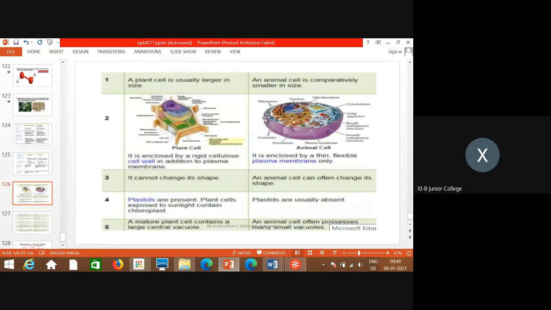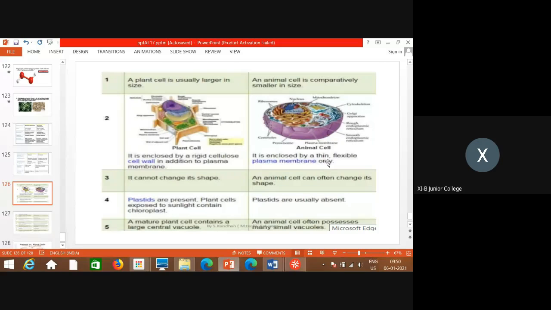These are the structures which we have learned already. In case of a plant cell, it is enclosed by a rigid cellulose cell wall in addition to the plasma membrane. Plant cells show the presence of a rigid cell wall, generally made up of cellulose, whereas animal cells lack this cell wall, and the outermost layer is the plasma membrane.